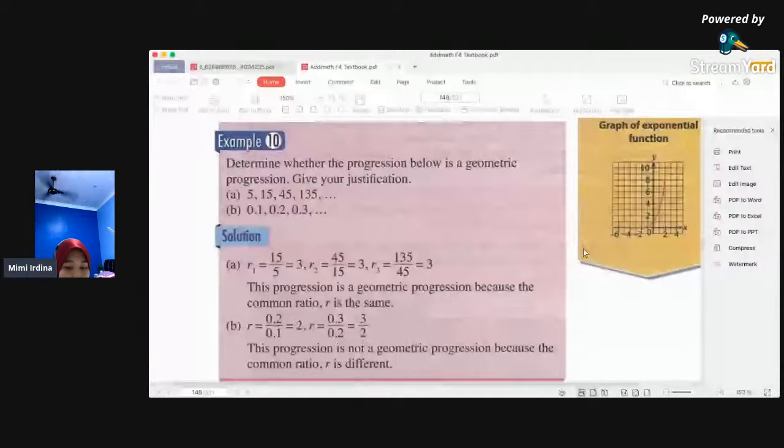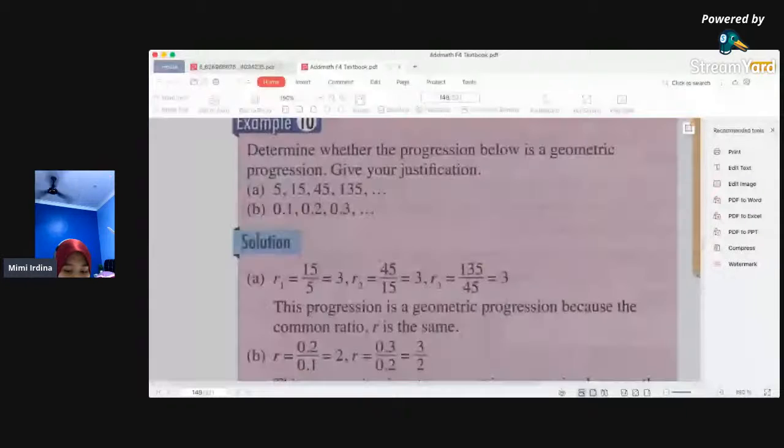We need to use the formula of geometric progression, which is r equals T2 over T1, equals T3 over T2, and so on, equals Tn over Tn minus 1.